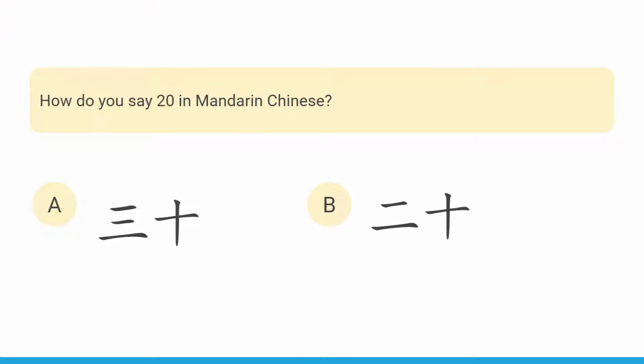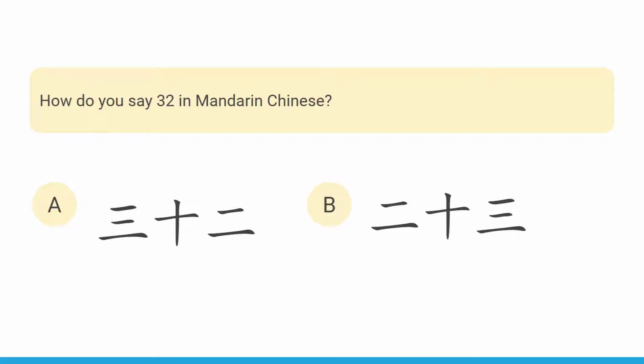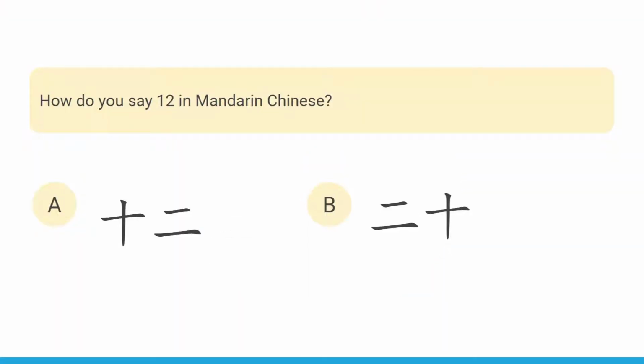Now let's take a look at the answers. 1. 22 is B, and that is 二十二. 2. 32 is A, 三十二. Last one, number 3, 12 is A, 十二.